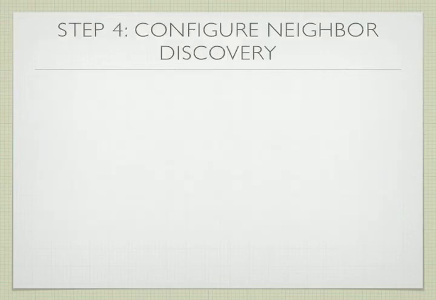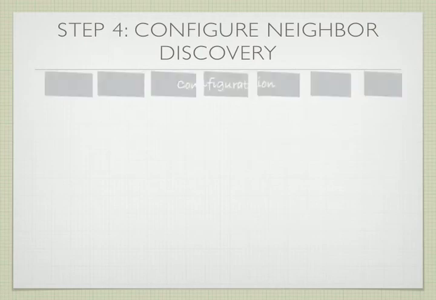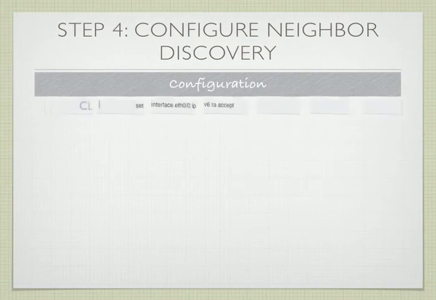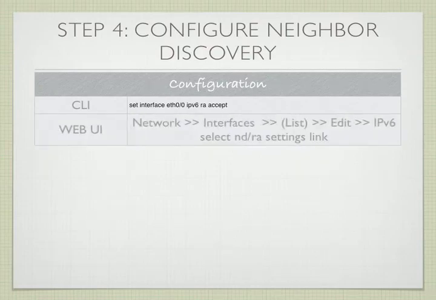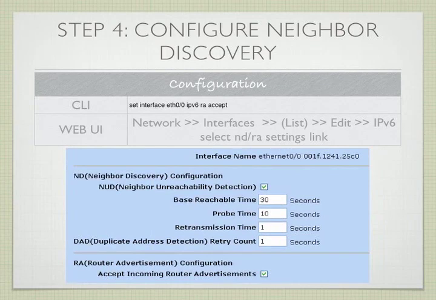Number 4, we're going to configure neighbor auto discovery. This is our fallback if we don't get responses from our router controlling the segment. So we're going to enable RA accept on the interface, and then this is the neighbor discovery section in the router advertisement incoming accept phase in the web interface.